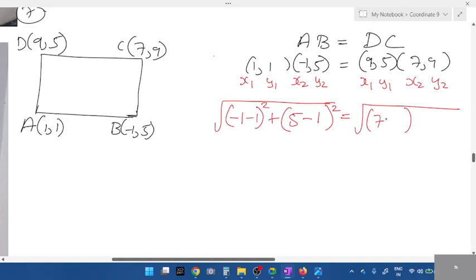All of you respond. 7 minus 9 the whole square, plus y2 minus y1, 9 minus 5, the whole square.